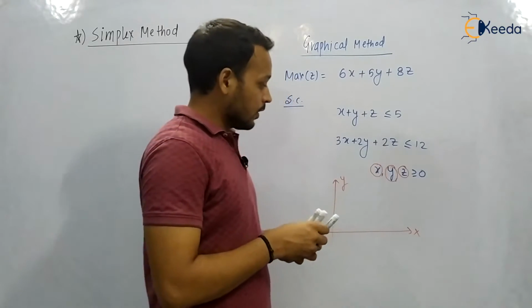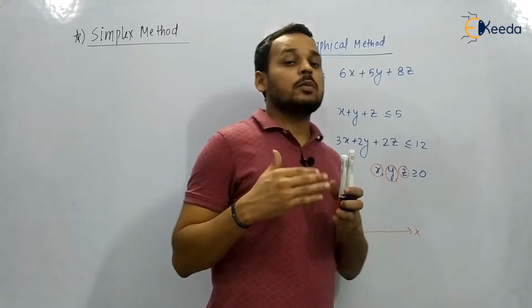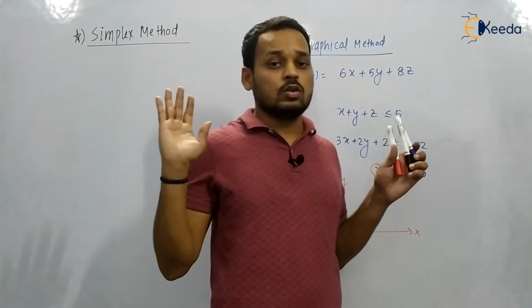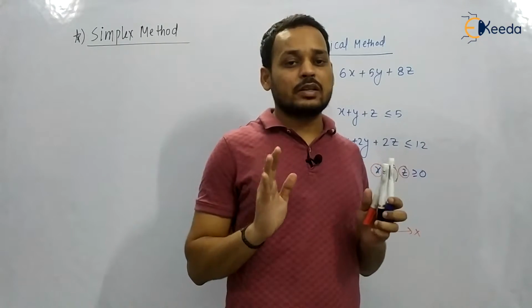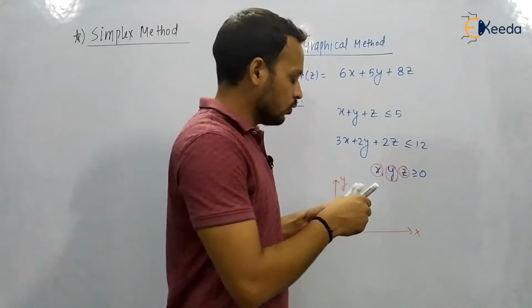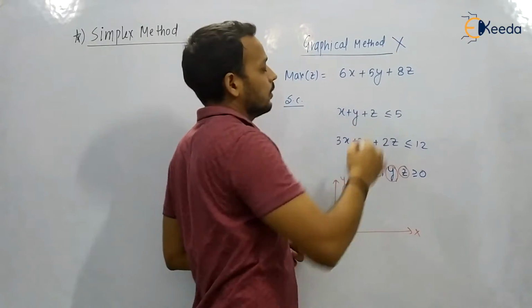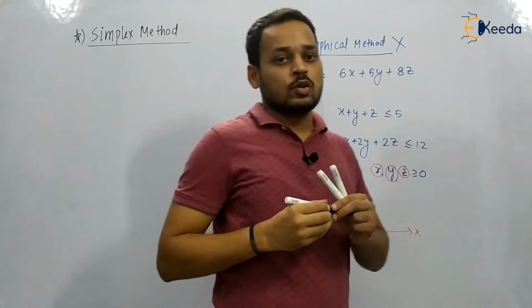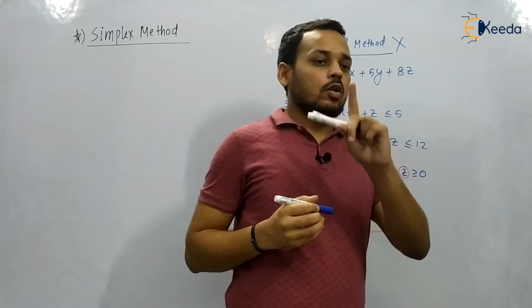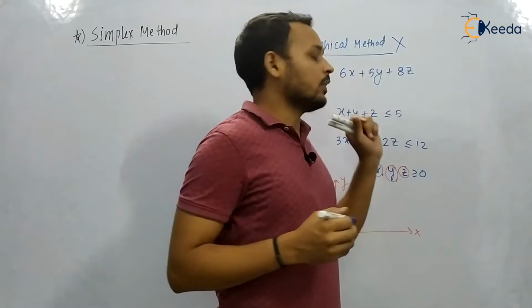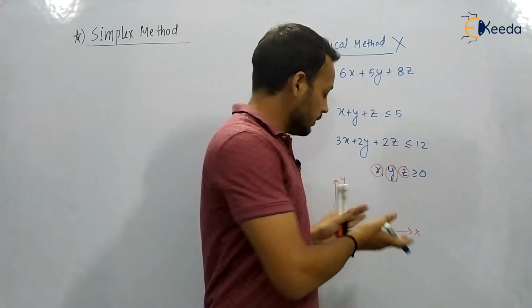It means whenever the decision variables are more than 2, we cannot use the graphical approach. For 2 variables or 1 variable we can use the graphical method because it is easy for the representation.